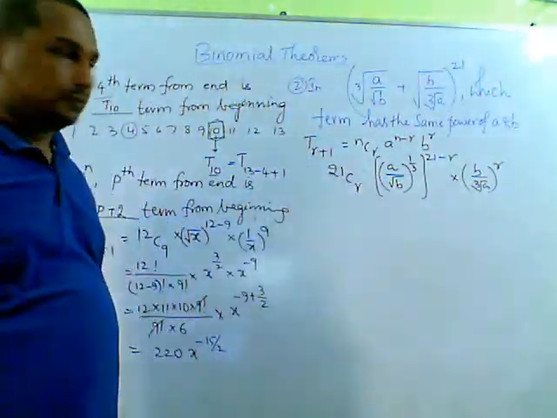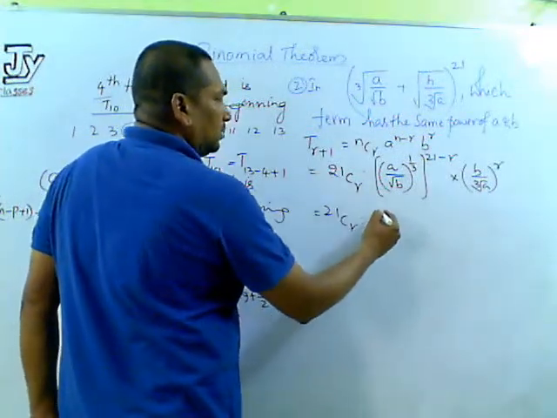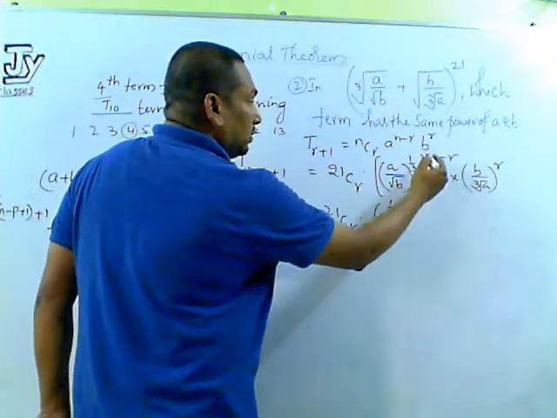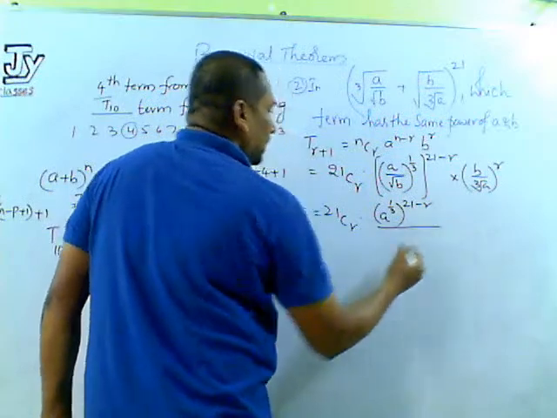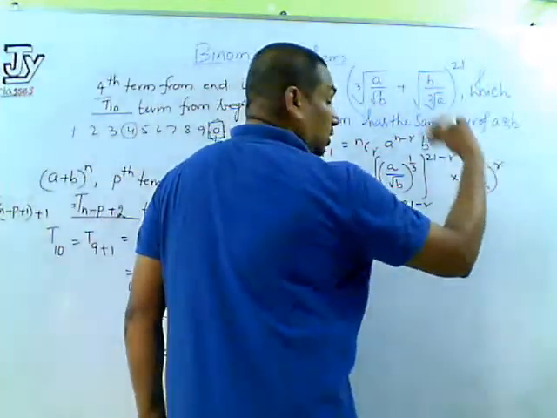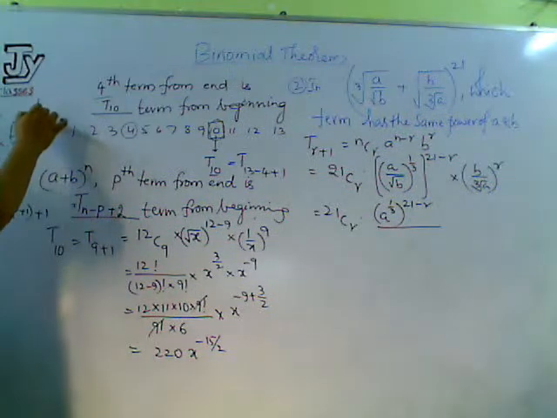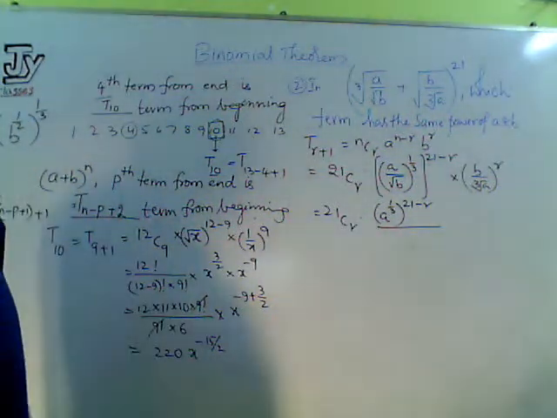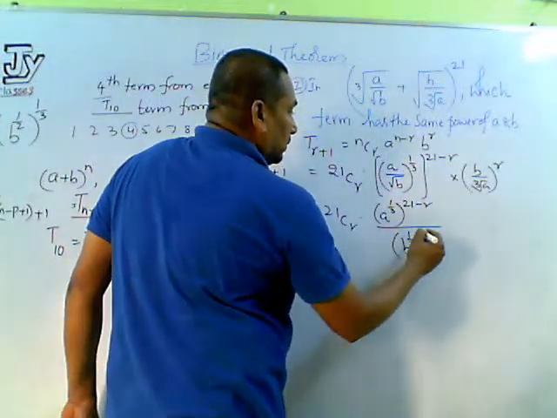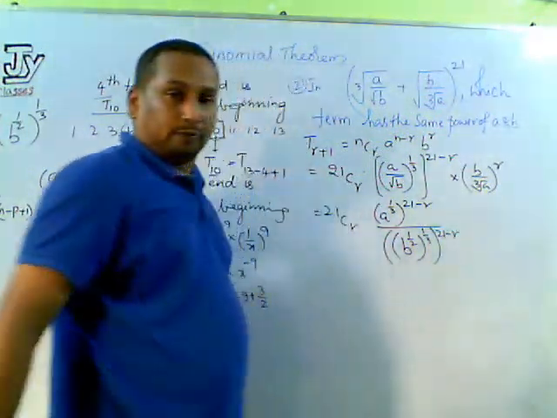Now just simplify. 21Cr into A to the power of 1 by 3, whole to the power of 21 minus r, by B to the power of 1 by 2 whole to the power of 1 by 3, whole to the power of 21 minus r. What is that? B to the power of 1 by 6.